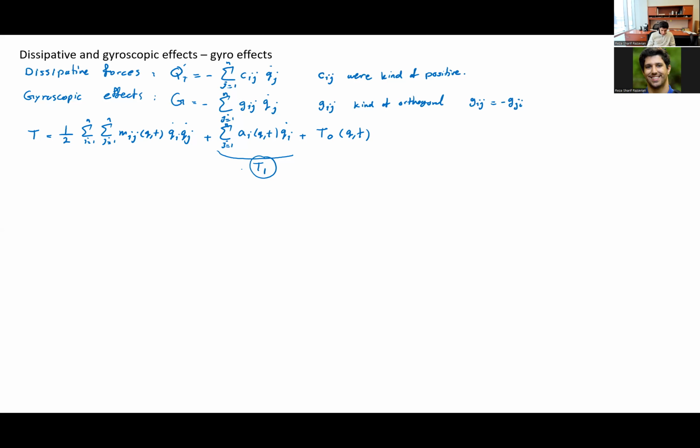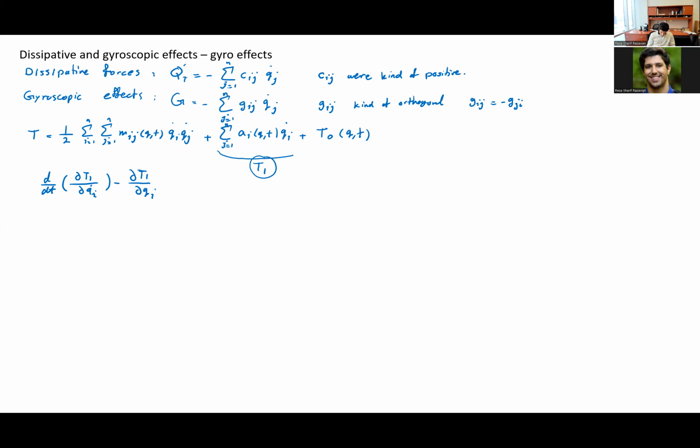So what I'm going to build is d over dt of partial T1 partial q dot i minus partial T1 partial qi. So I want to construct this, see what happens.